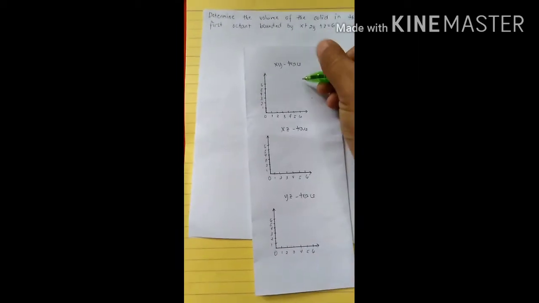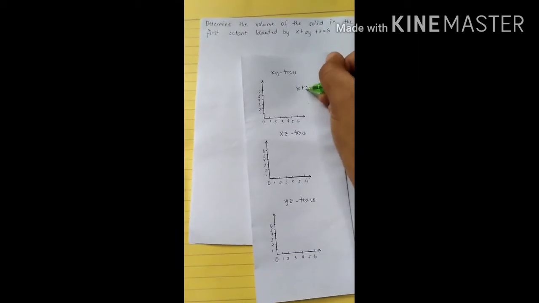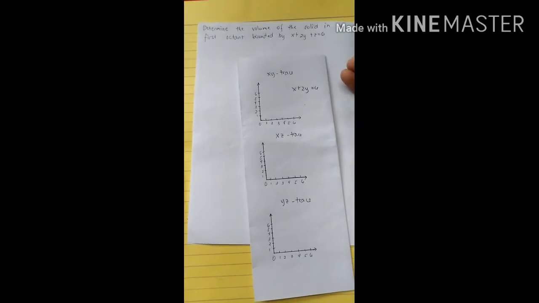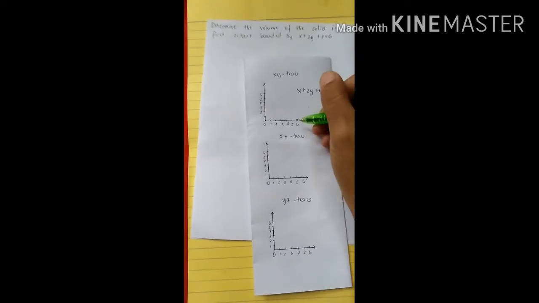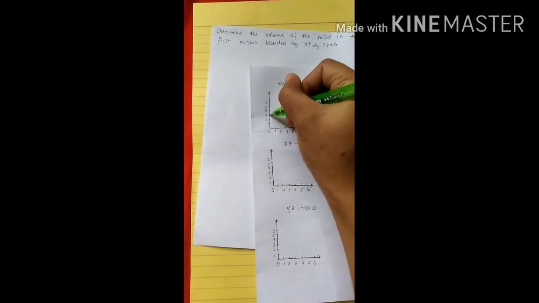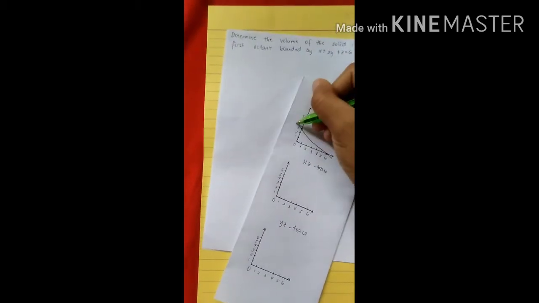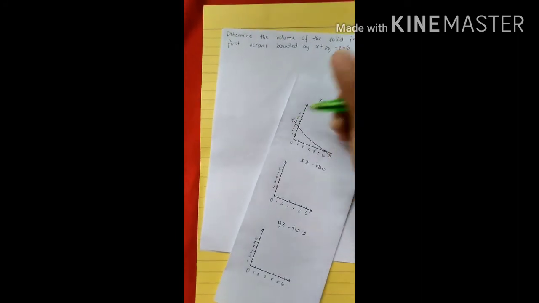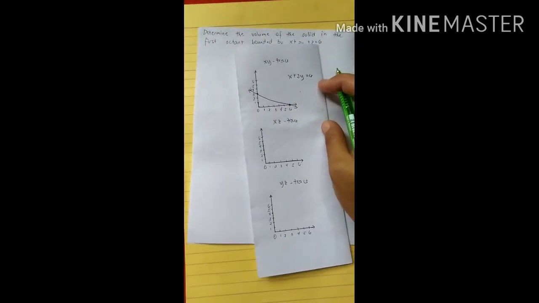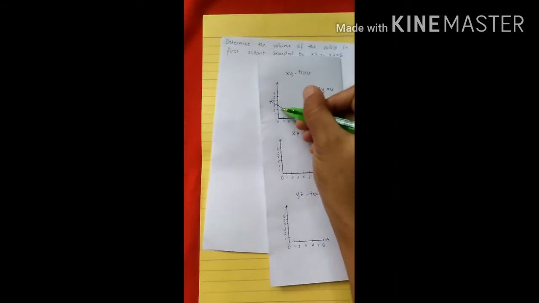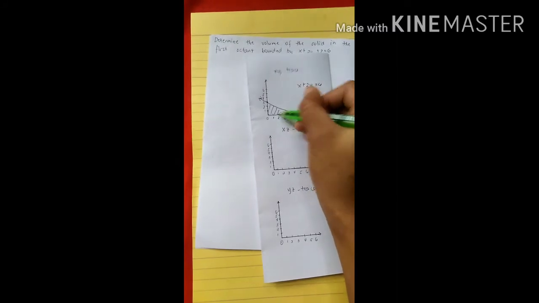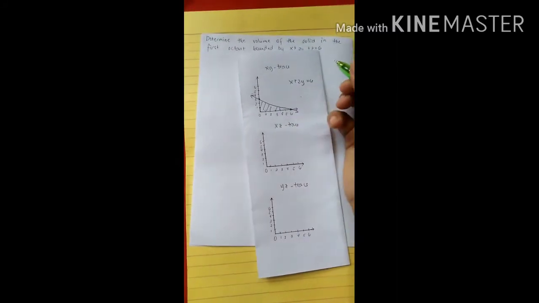So the equation would be x plus 2y equals 6. So the x-intercept will be equal to 6, and the y-intercept will be equal to 3. You have to connect them. Because we are in the first octant, the x and y-intercepts are positive.